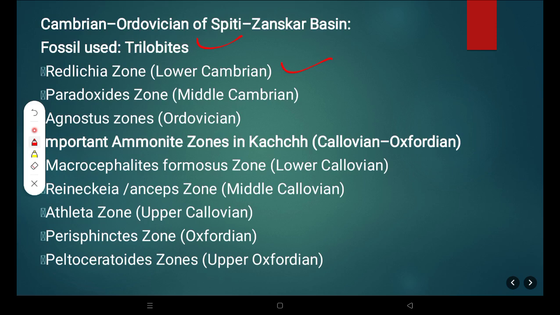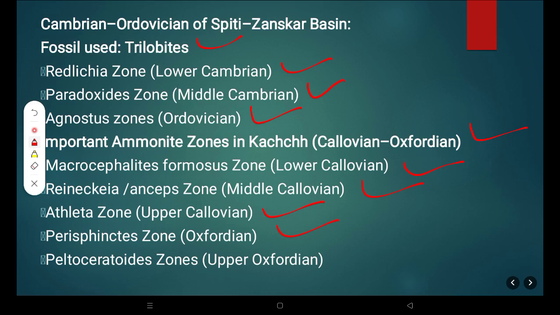Ridleychia zone for Lower Cambrian, Paradoxides zone for Middle Cambrian, Agnostus zone for Ordovician. Then for the Jurassic of Kachchh, middle to upper Jurassic, Callovian to Oxfordian, there are several ammonite zones. For lower Callovian, Macrocephalites zone. For middle Callovian, Reineckeia or Anceps zone. For upper Callovian, Athleta zone.